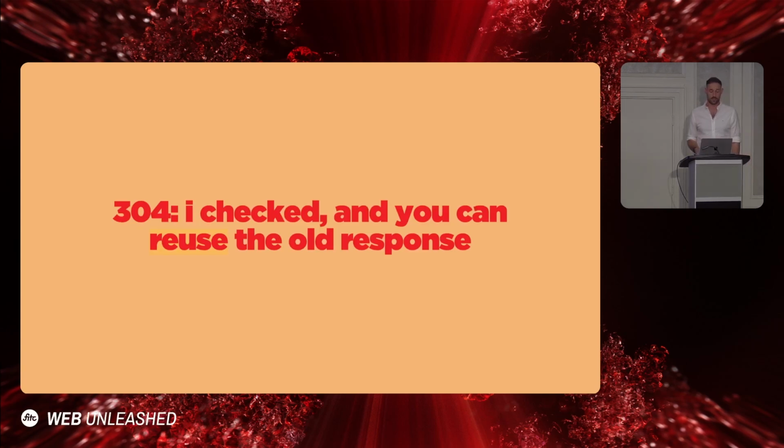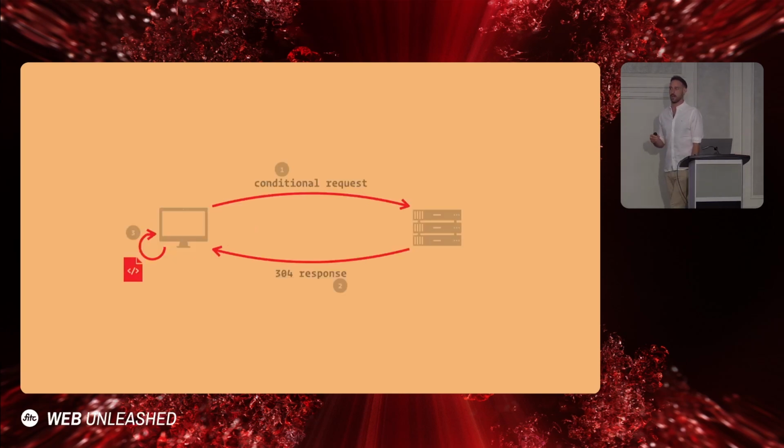A 304 is, I went to the server and I checked, and the server said you can still use this file. So a 304 response would happen if a file has expired, it's gone stale. The browser then says to the server, hey, look, I've got this file, but it's gone stale. Can you let me know if I'm allowed to reuse it?